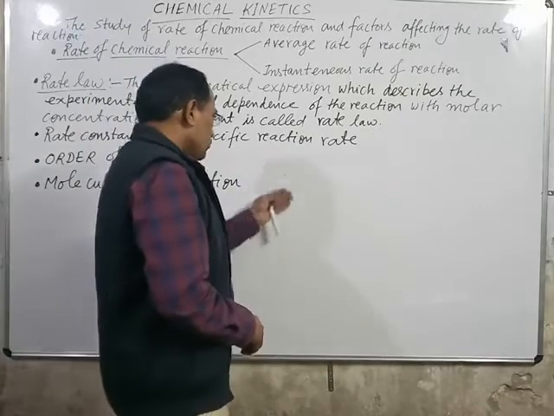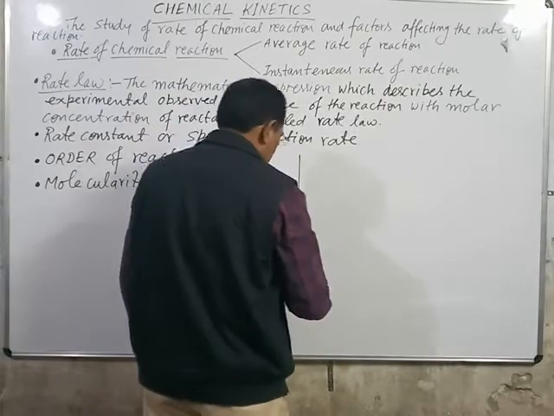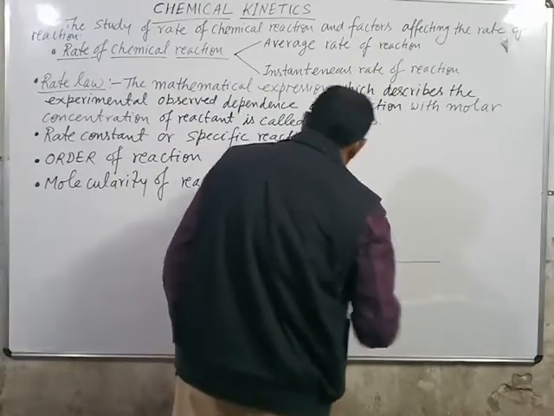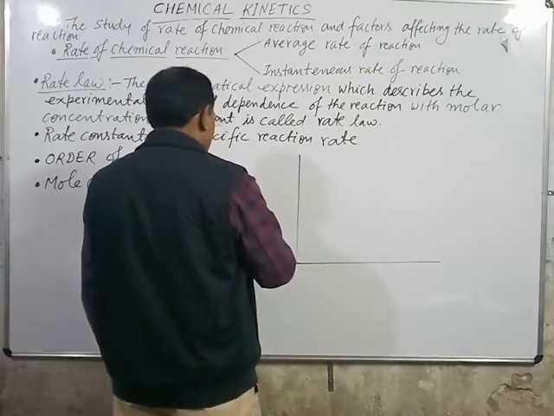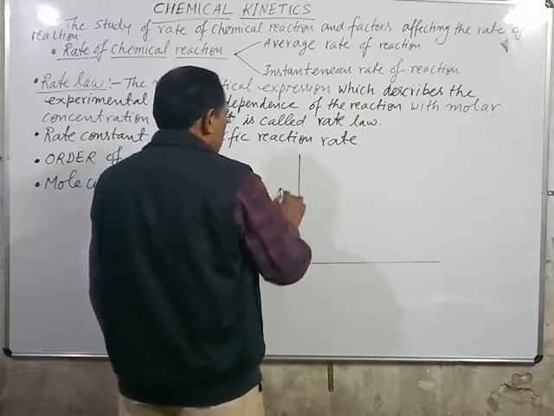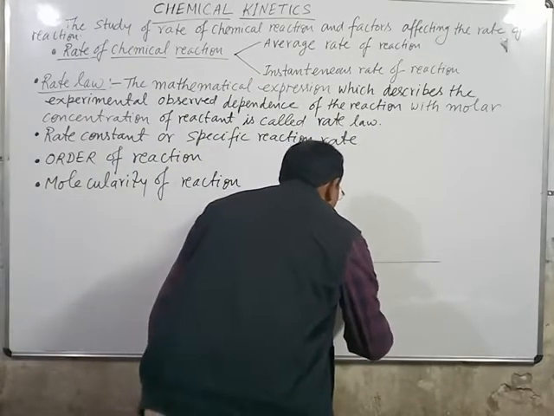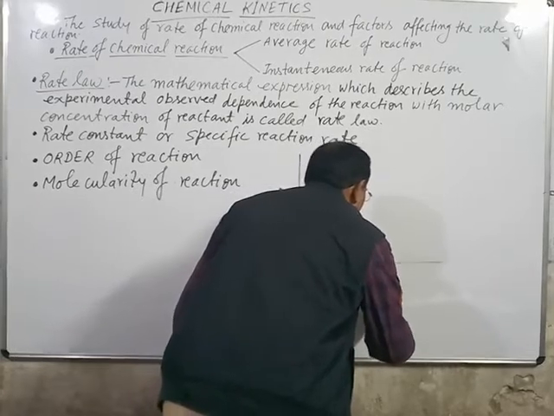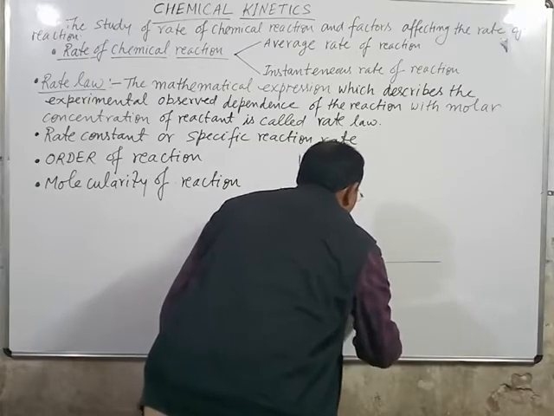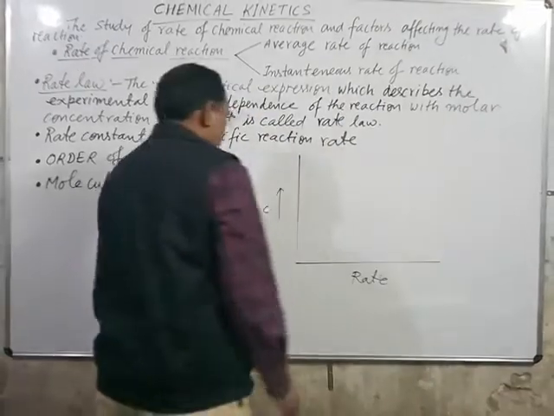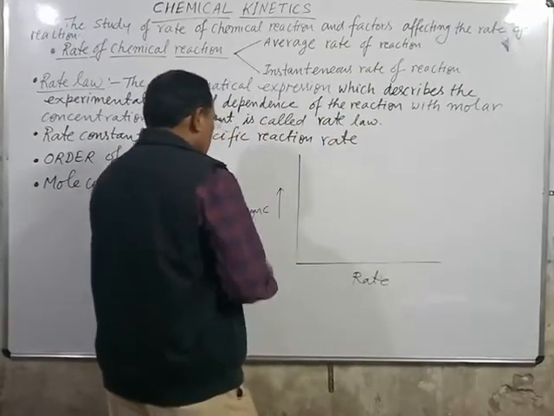This can be expressed with the help of a graph. Concentration and progress of the reaction. Rate of reaction in terms of reactant, concentration of the reactant.